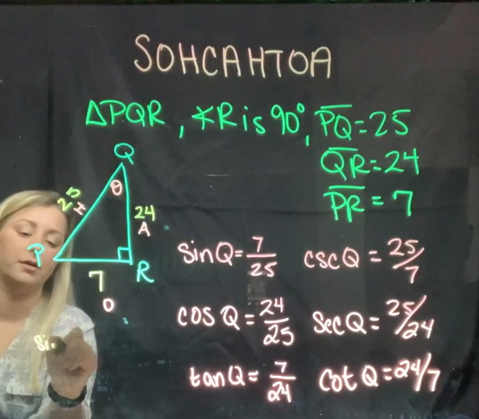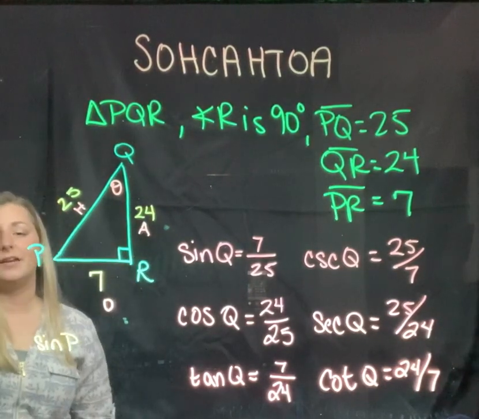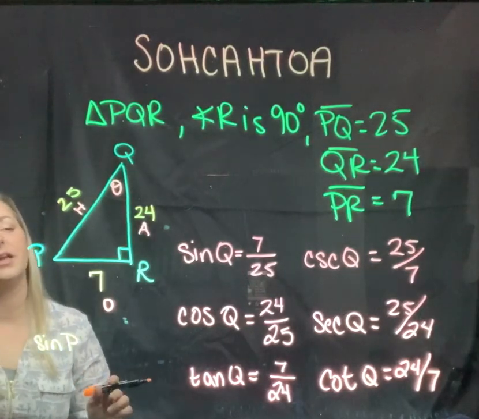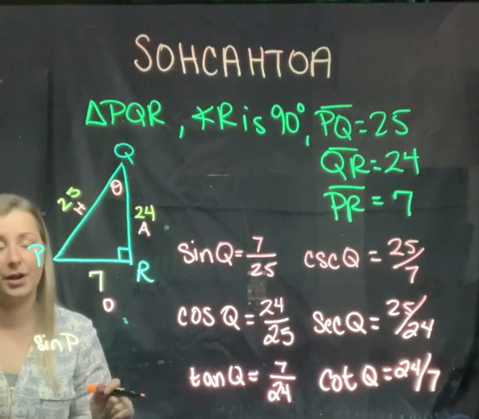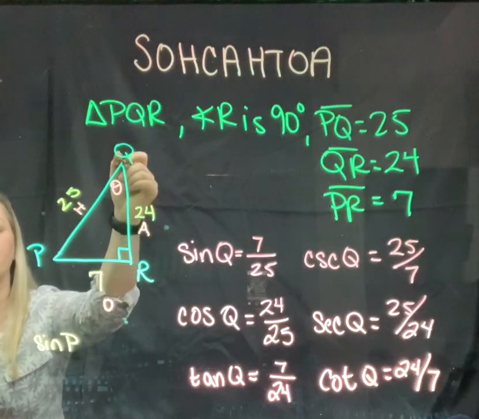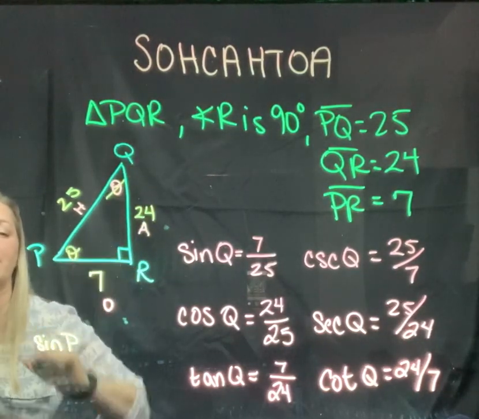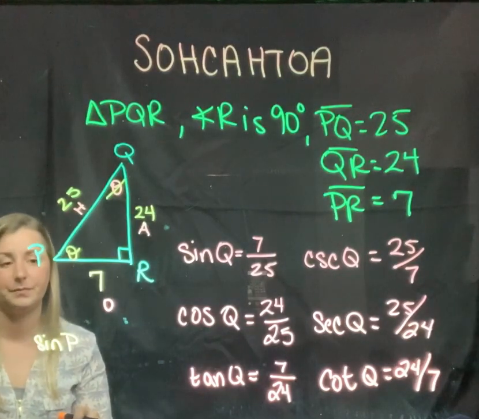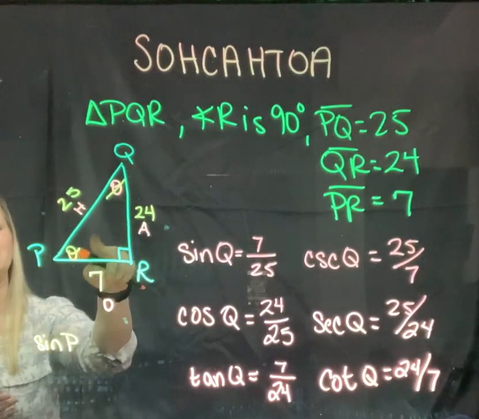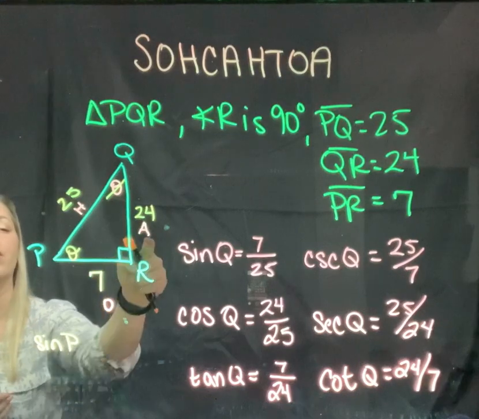I'll do it here. So if I want sine of P, notice that the labels are actually going to be different. My theta is no longer going to be here at Q, so I'm going to cross that out, and my theta is now going to be here at P, so just rewriting that there. Which means my opposite of the angle is not here anymore, it's now here.